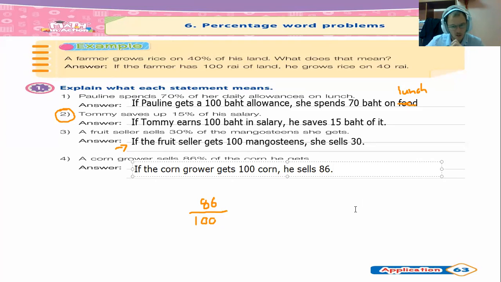Okay. So just very simple, basic stories that we have to explain what the statement means. But we can only do that if we understand what the question is asking. So we have to always read carefully.